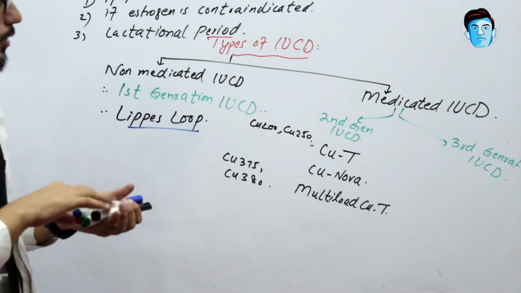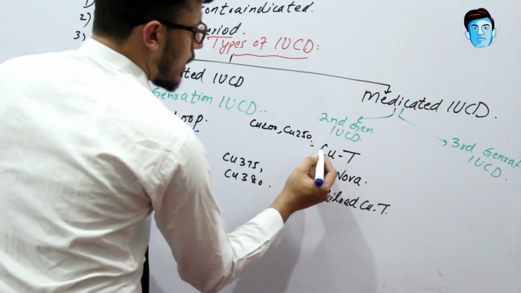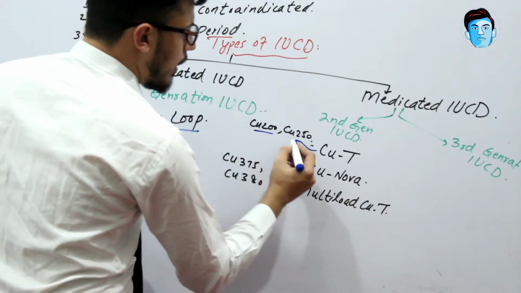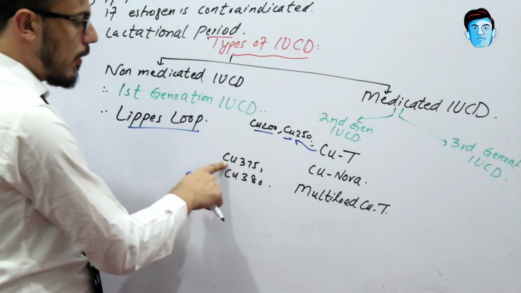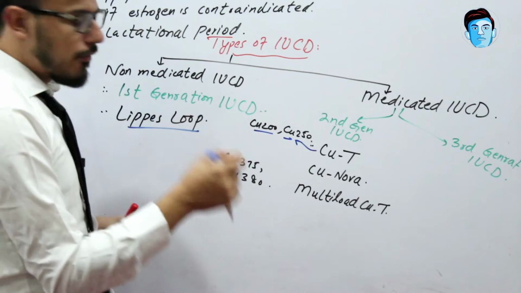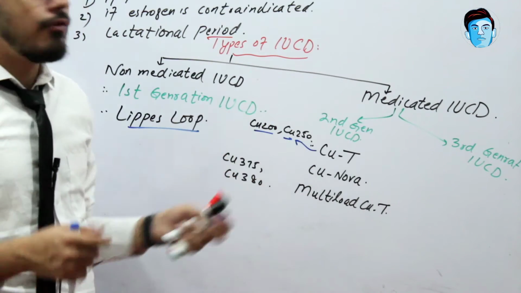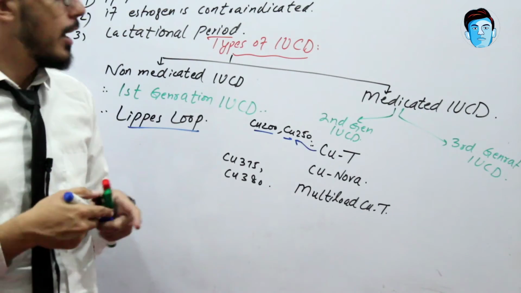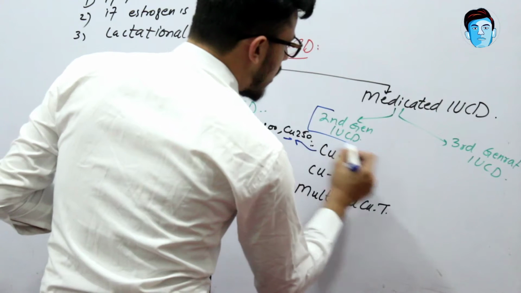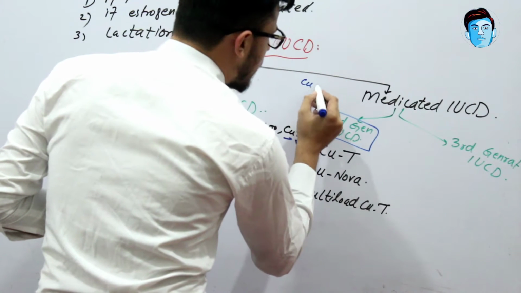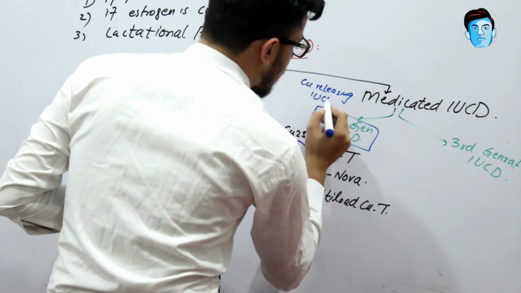So in copper T, the amount of copper is less. It is available in the form of copper 200 and copper 250, while in multi-load copper T, it is available in the form of copper 375 and copper 380. Now it consists of various devices that are made of copper. That's the reason the second generation IUCD is also called copper releasing IUCDs.